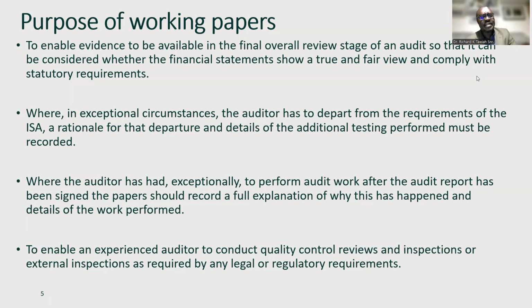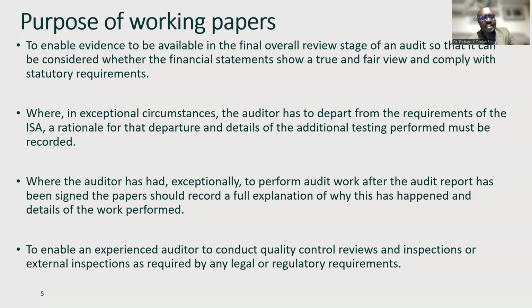Now, in exceptional situations, the auditor may have departed from the requirements of an ISA. So instead of using procedure ABC, he used a different procedure. Why? The audit working papers will give a rationale why the auditor departed from the norm and performed the audit as he had done.